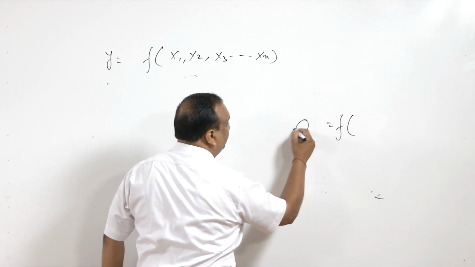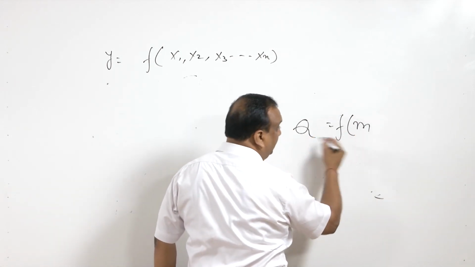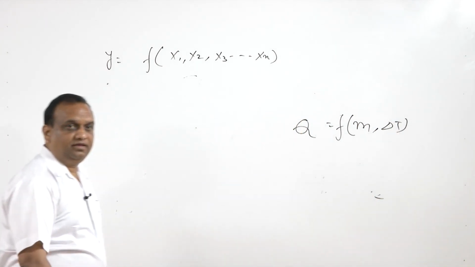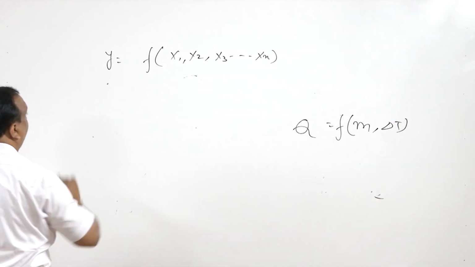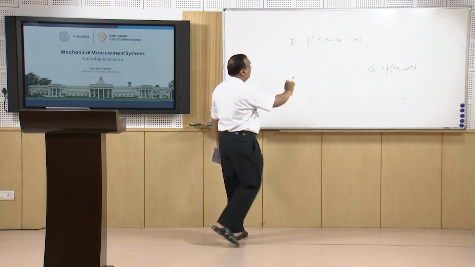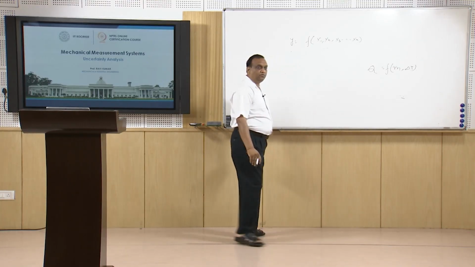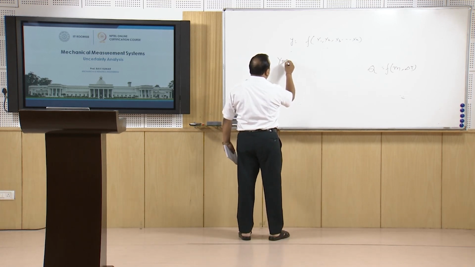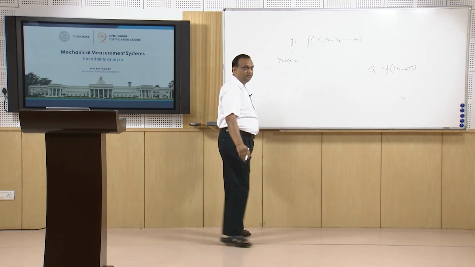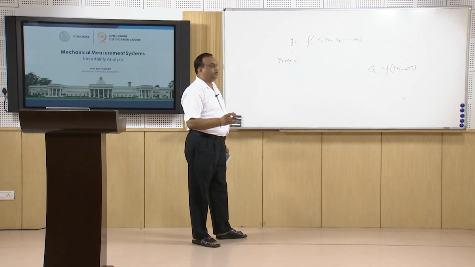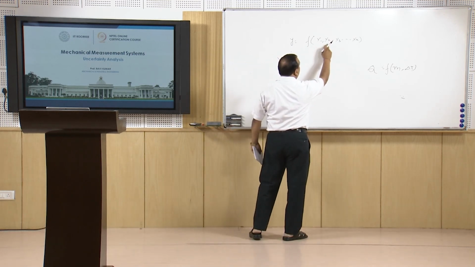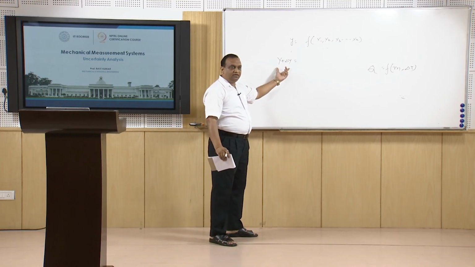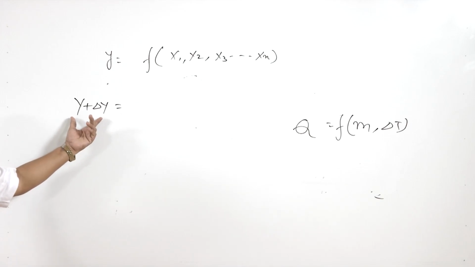Heat transfer rate is a function of mass flow rate and delta T. Similarly, we have taken here y as a function of x1, x2, x3 and going up to xn. Then y plus delta y, the change in y due to error in the measurement of 1, 2, 3 and 4, has to be estimated. We cannot determine this, this has to be estimated.